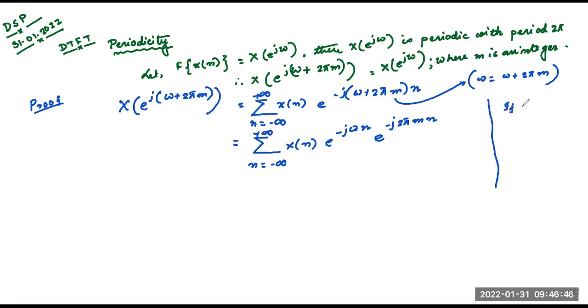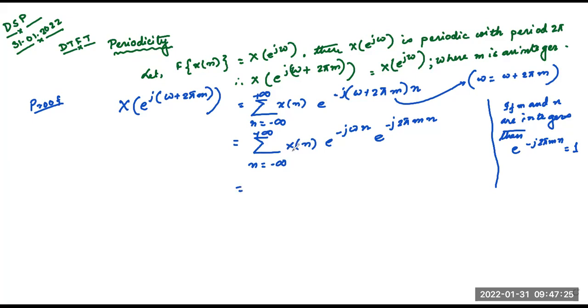If m and n are integers, then we can write e to the power j 2 pi m n equals 1.